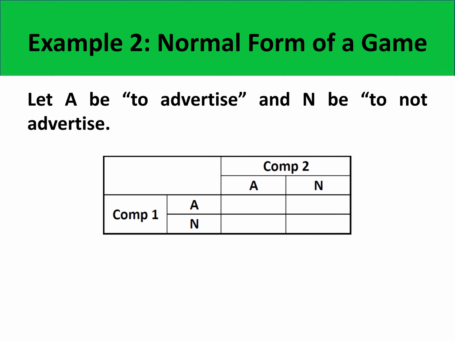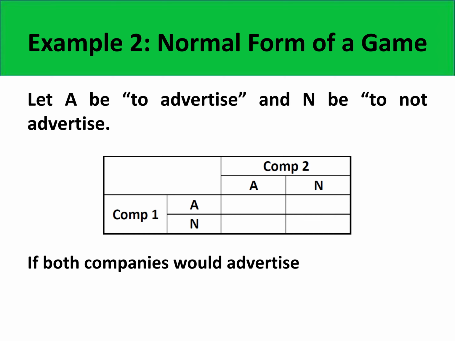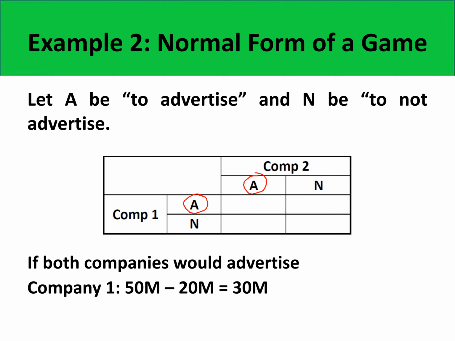Let us let capital A be the strategy to advertise and capital N be the strategy to not advertise. And suppose that both companies would advertise. In this case, company 1 will have 50 million minus 20 million pesos for advertising costs.